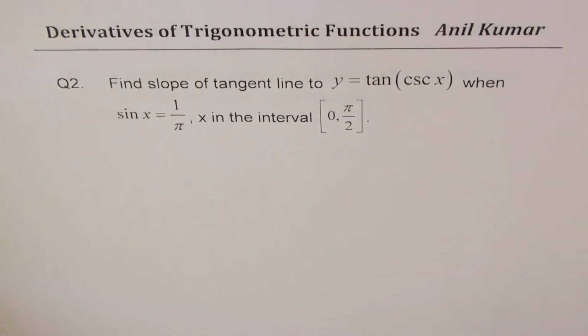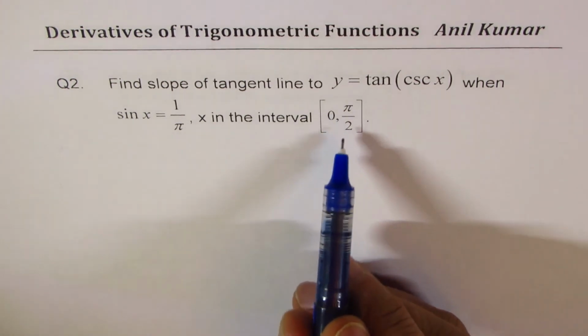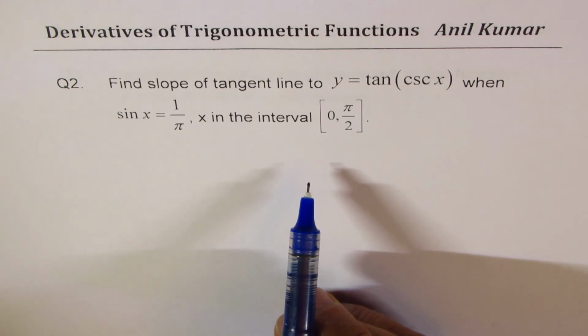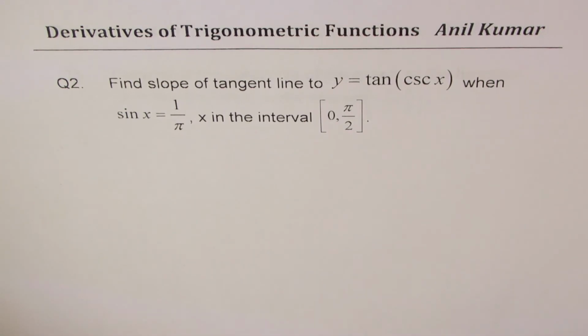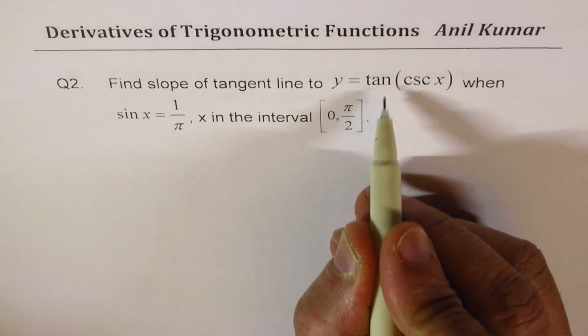Now here is the second question. We need to find the slope of the tangent line to y equals tan of cosecant x when sin x is given to us and x is in the interval 0 to pi by 2. What you should know here is that the derivative of tan x is secant square x.